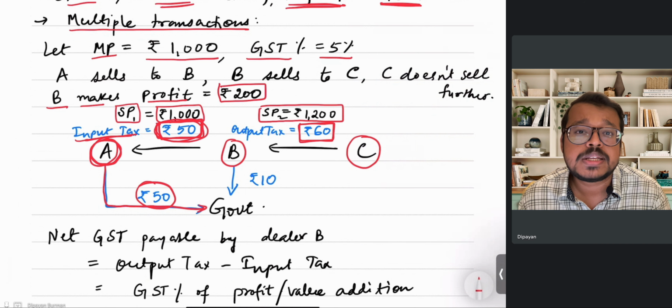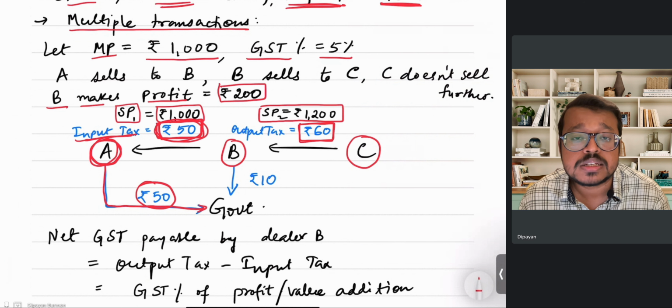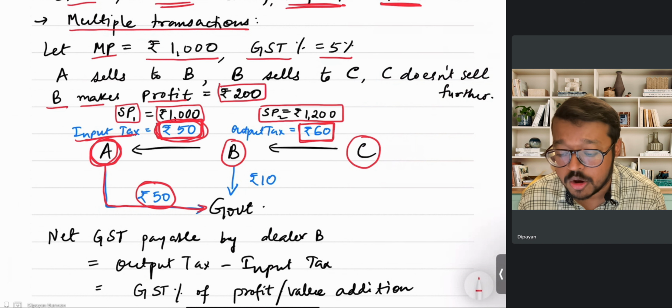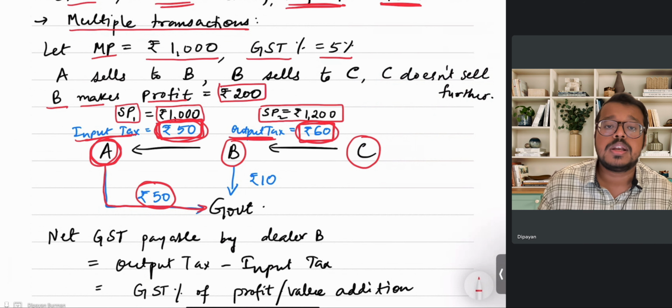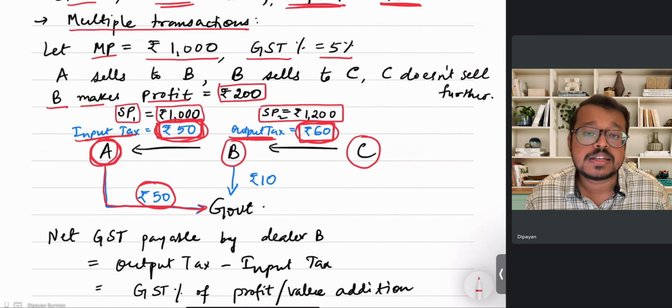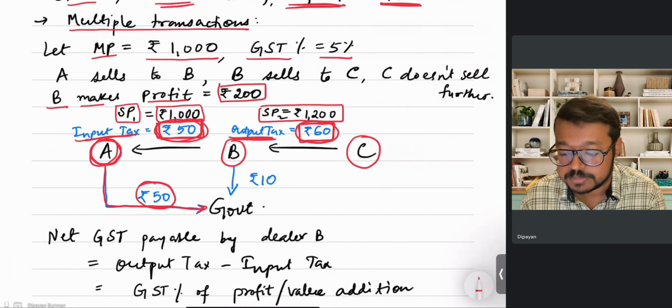And when person B is selling the product, they are collecting tax on that. So the tax on sale is the output tax, which is 60 rupees. So person B has already paid 50 rupees tax and is collecting 60 rupees tax. So the difference between these two taxes, which is 10 rupees, has to be paid to the government.